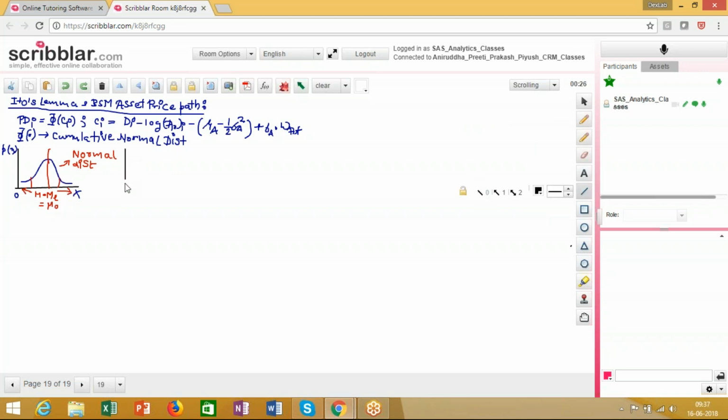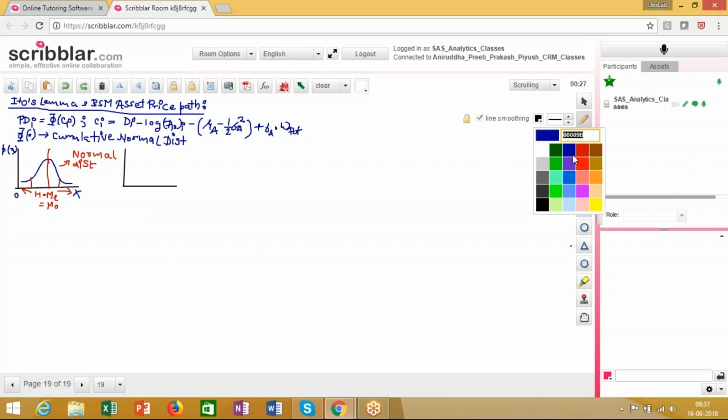The cumulative distribution function for this would look something like this. In the initial lower tail, the values will be very small, because the middle values increase something like this, and then it again flattens out.